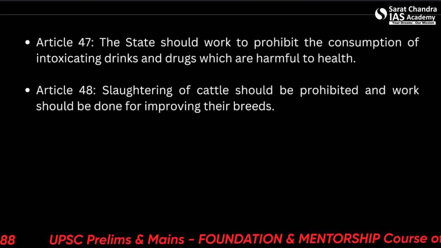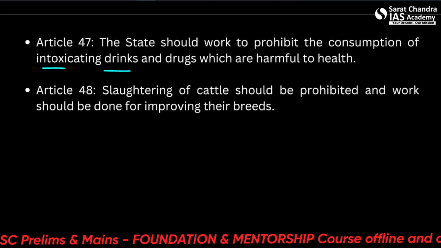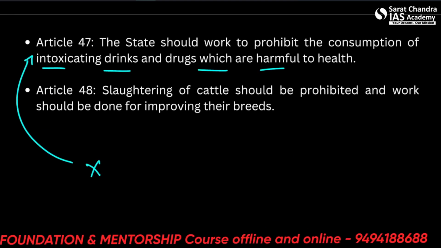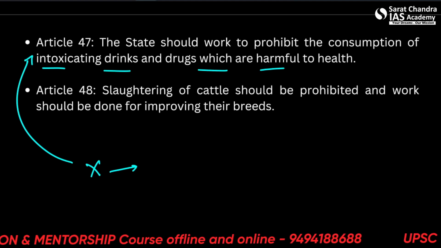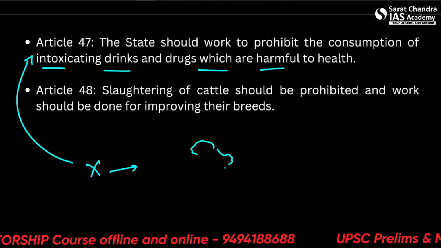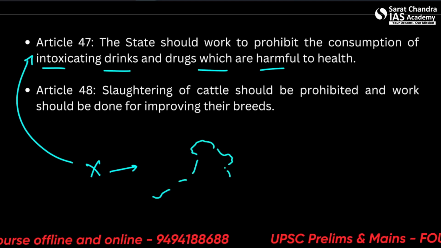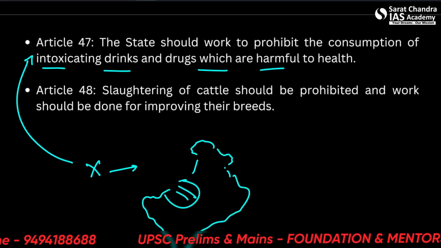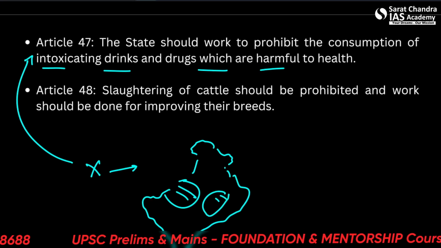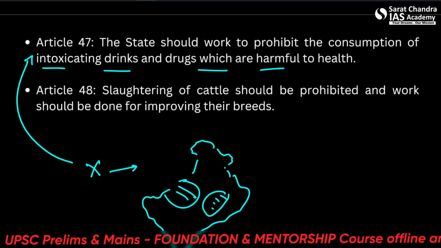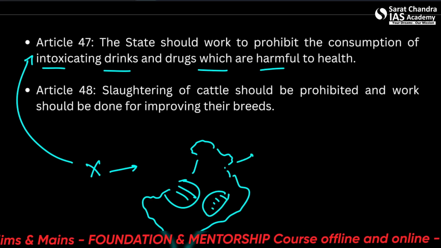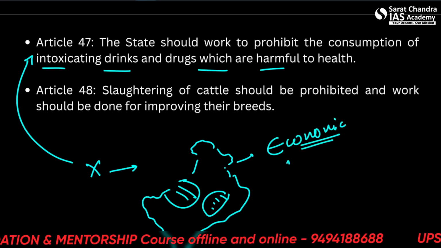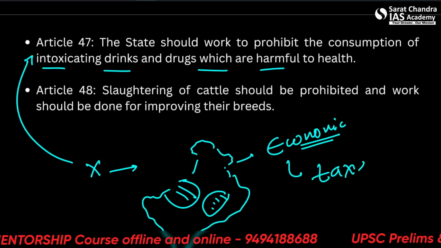Article 47 tells us to prohibit the consumption of intoxicating drinks and drugs which are harmful for health, but it is not followed everywhere. However, at many places it is followed, such as in some dry states of India. Many states are dry states, such as Gujarat, Chhattisgarh, etc. But in many states it's not followed because of the economic gains that liquor brings from the high taxes on it.